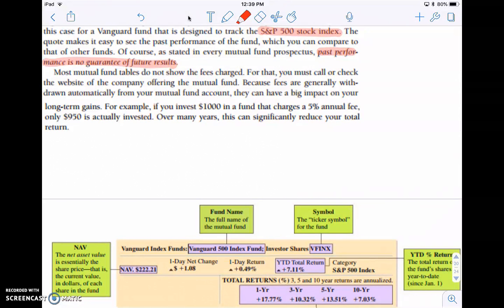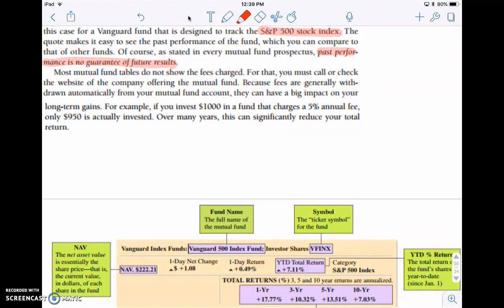Now, most of these tables that we're going to be looking at do not show the fees charged. For that, you have to call or check with the company, and fees are usually automatically withdrawn from your account, and so there's a potential they can have a big impact on your long-term gains.